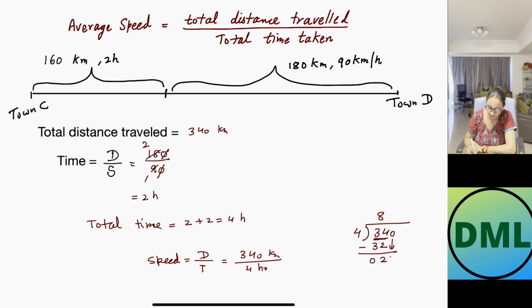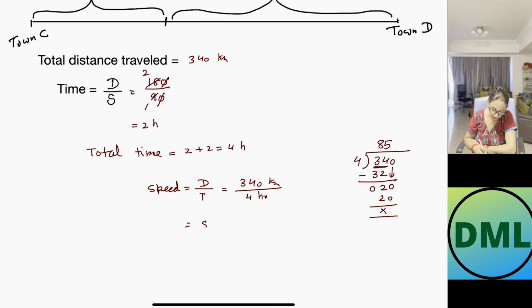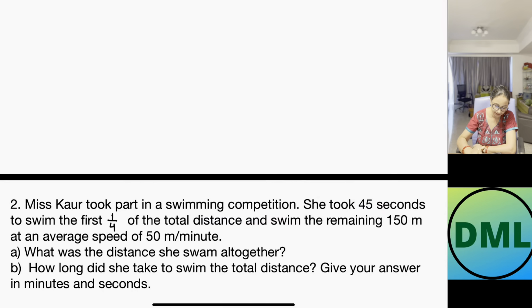This 0 will come down and your number will be 20 here. 4 times 5 is 20. Let's write down 5 here and that will be 20 here. And you are left with nothing here. My answer will be 85 kilometers per hour. Let's write down the answer here as 85 kilometers per hour. That is my answer. Let's see the next example here.